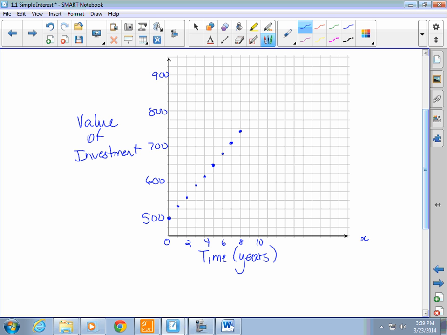Year nine, what's 9? So it's $270, $250, so just about there. And then year 10 was $300, so it was about there. So it's a linear progression.